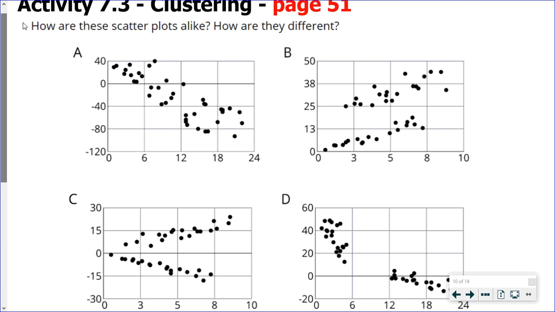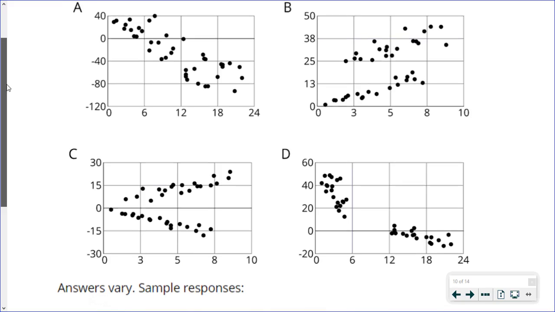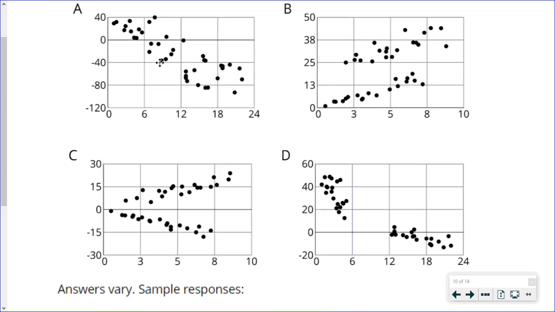So A and D are the two that I'm comparing here, right? So you can see that negative association, again, negative association, but here's that gap. So that makes a difference. So they're alike in the sense that they both have negative association, but different because D has a gap, or that whole missing data points, it almost looks like.